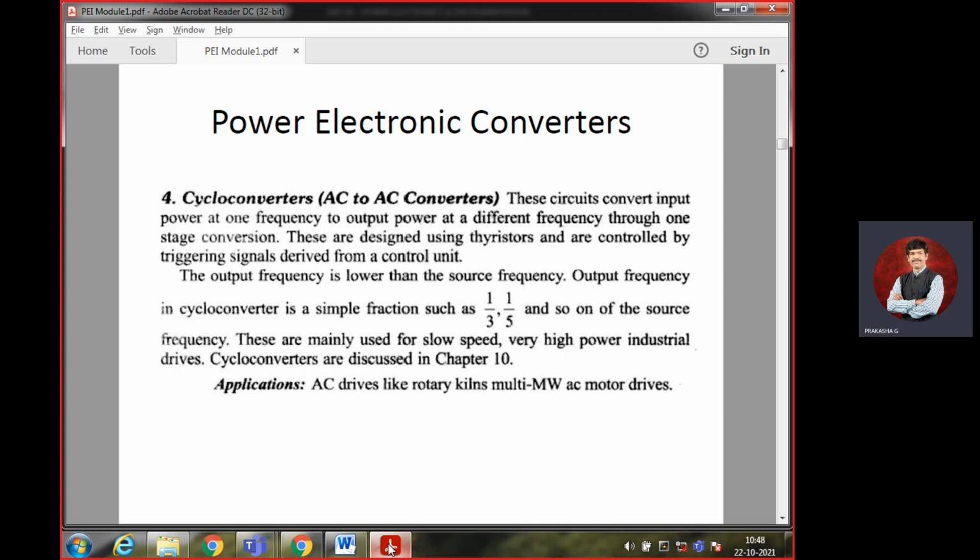See here, the regulator will have positions 1, 2, 3, 4, 5 like this, correct? And this is 0, or maybe off. When you put it off, the resistance is very, very high, infinity, so there is no current flow.